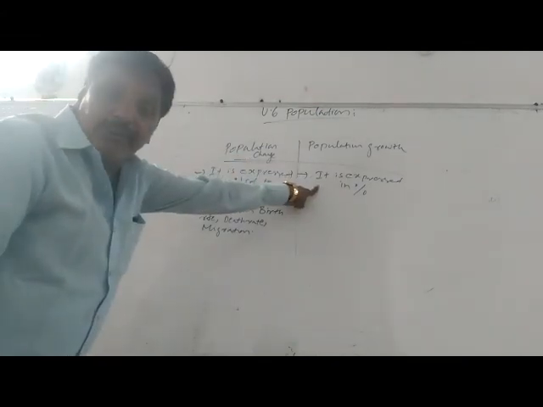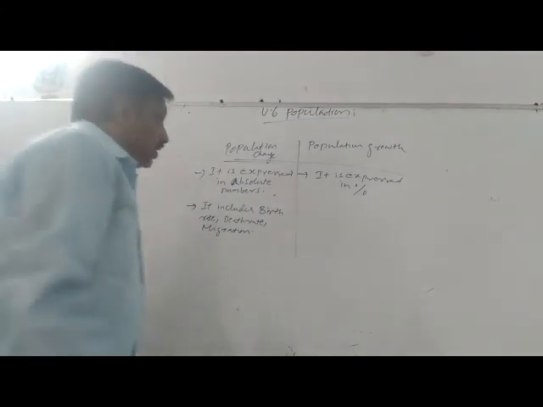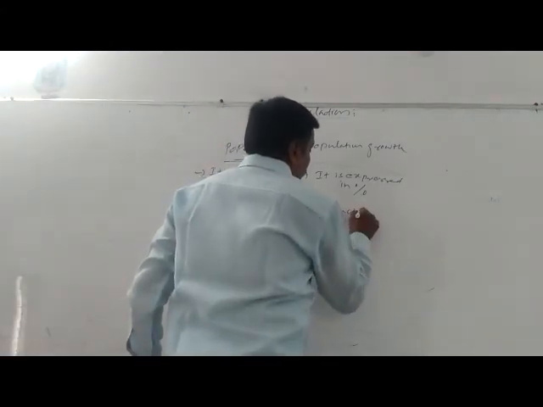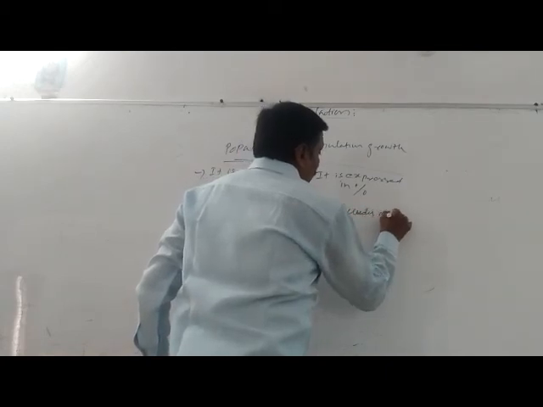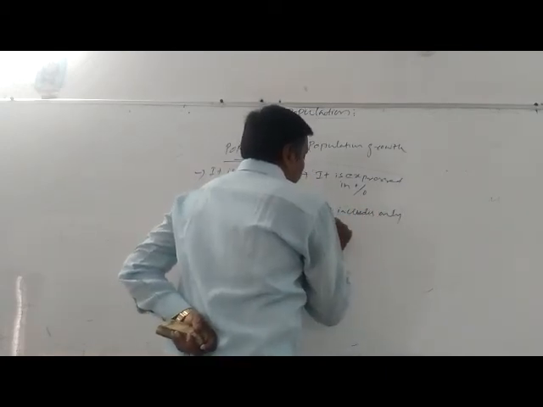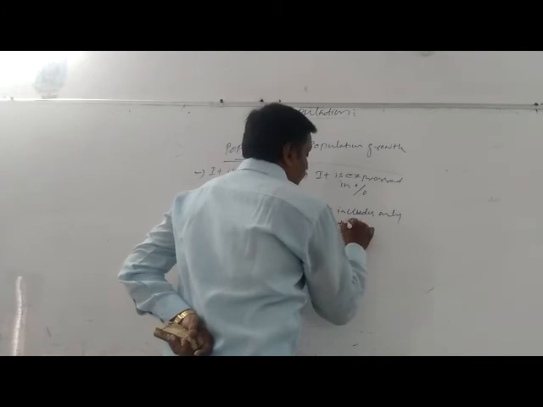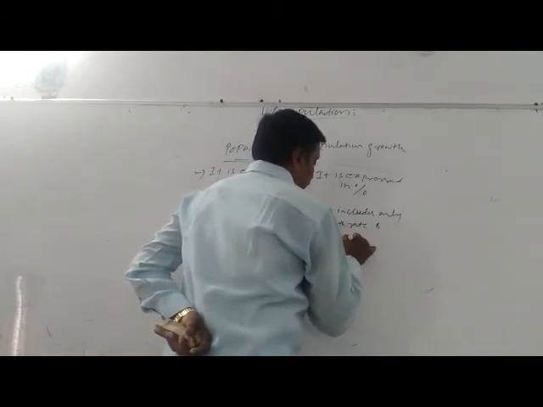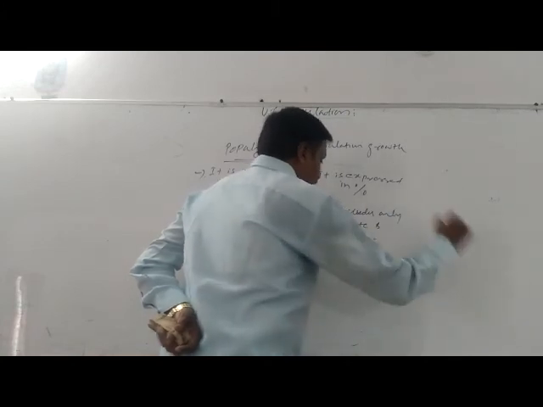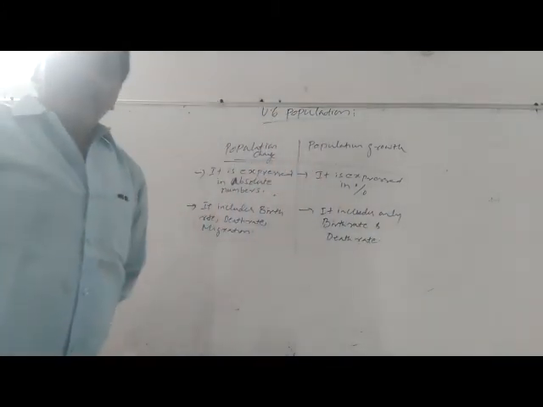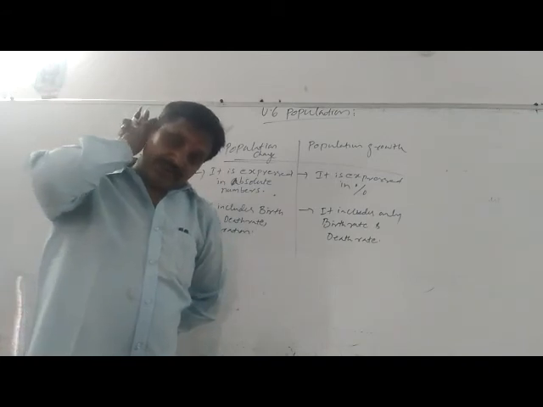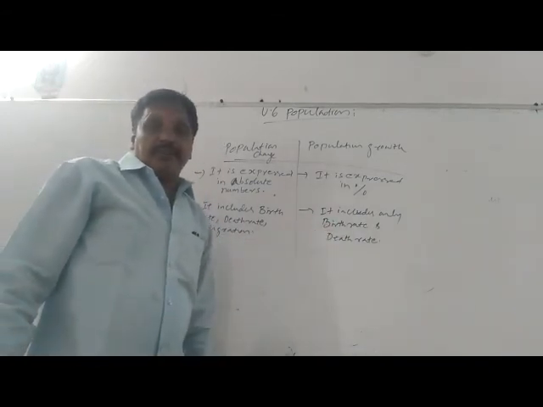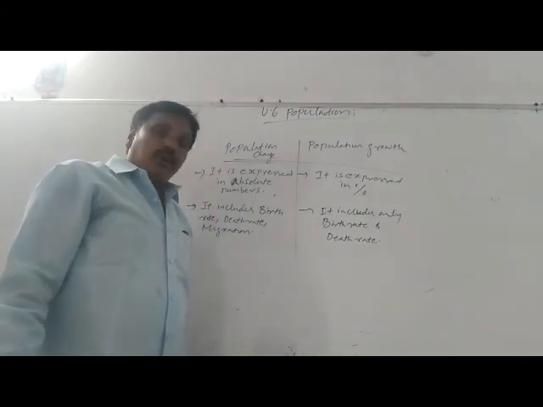Population growth includes only birth rate and death rate. What are we observing? Migration is missing out. Able to understand?